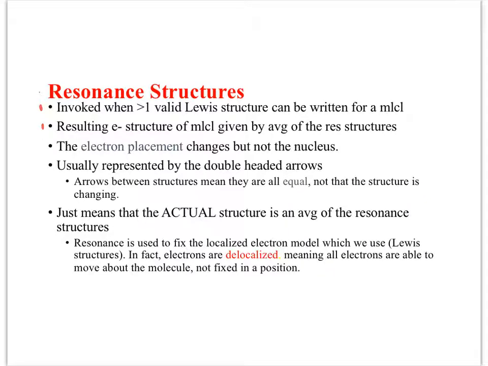So the placement of the valence electrons will change, but not where the actual atoms are. That nitrate ion is still going to be arranged in this sort of way. But instead of having a double bond in one particular location, each of these bonds, because there's three of them, right?